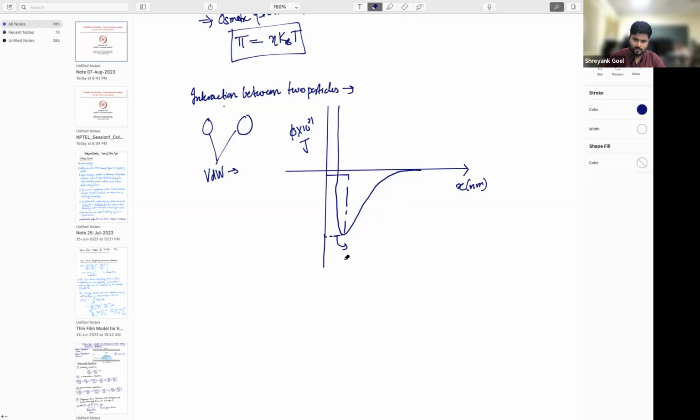So this comes from the attractive potential, which is long range in nature, and this is a repulsive part. It normally comes from the hard sphere model, when two particles are very close to each other and then they are feeling a repulsion.